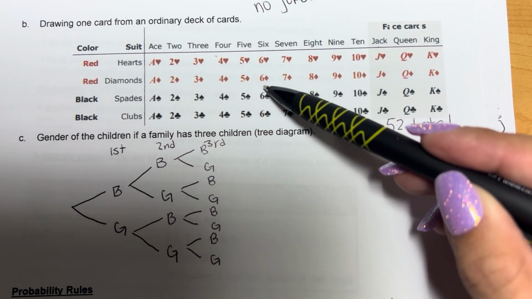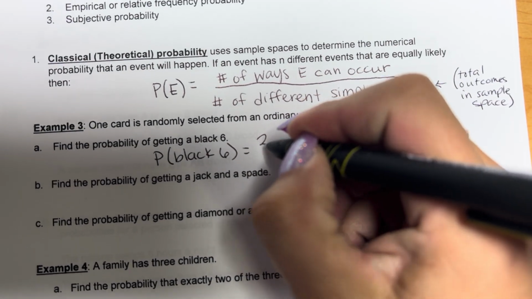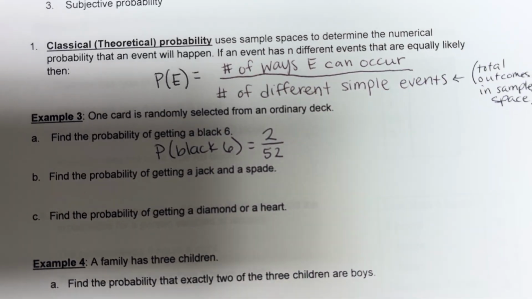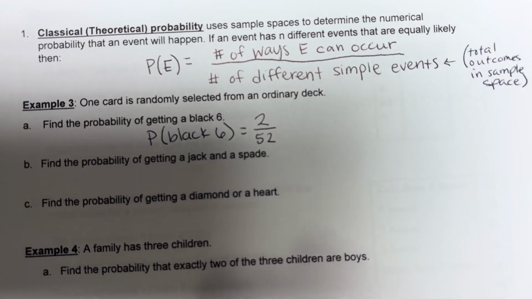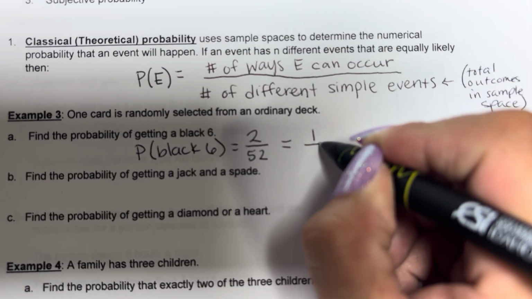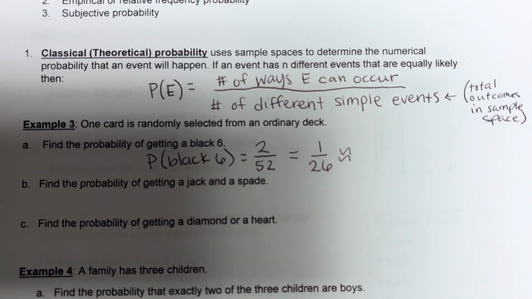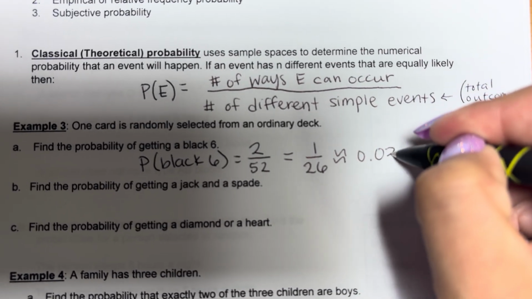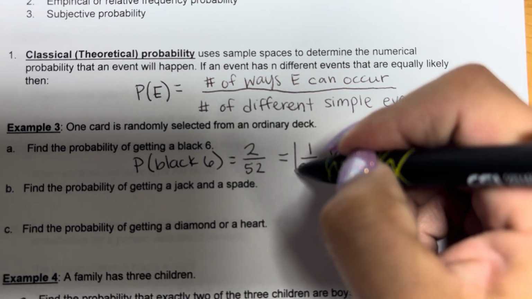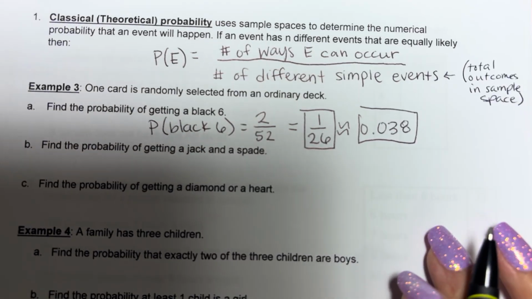So that would be 2 out of how many total cards do we have? It'd be 52 in a standard deck. Okay. Now, this technically is correct, but we are going to simplify this. This would be 1 out of 26. Okay. Which is approximately 0.038. Okay. You can write it either of these ways. Okay, this would be one answer.